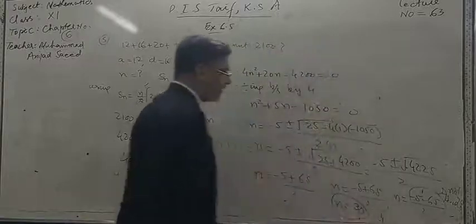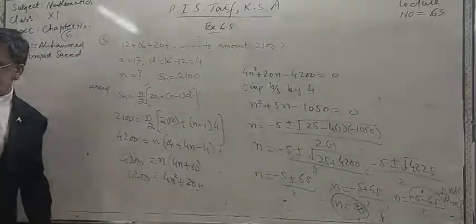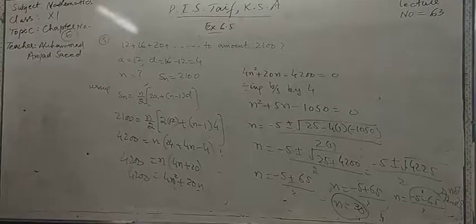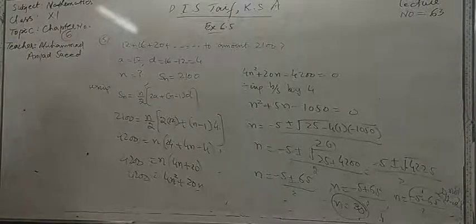So there are 30 weeks in which he can deposit this amount 2100.